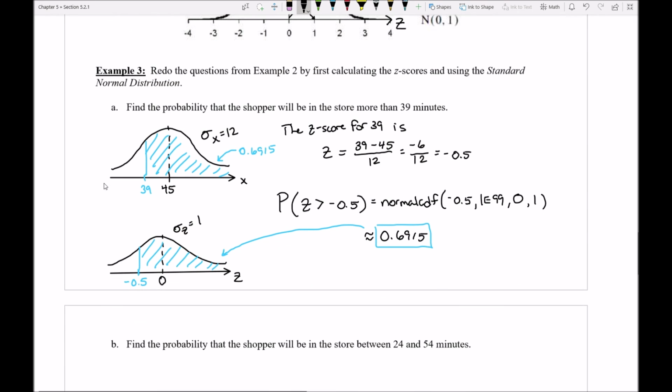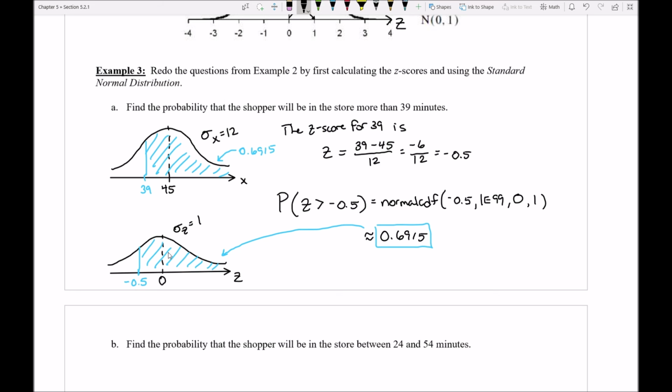It might even be helpful to redraw the pictures from example 2 and think about how you're just going to find the z-score for each of the new blue numbers. Why don't you give that a try, and of course you can check your solutions online. The Blackboard notes are posted there, and that'll be a great spot to go back and review them.